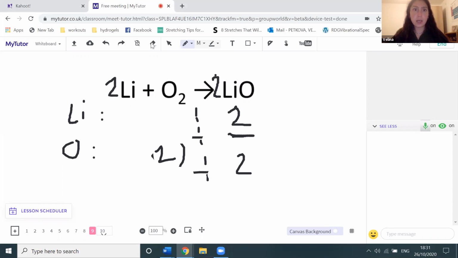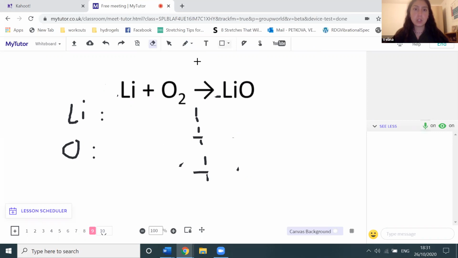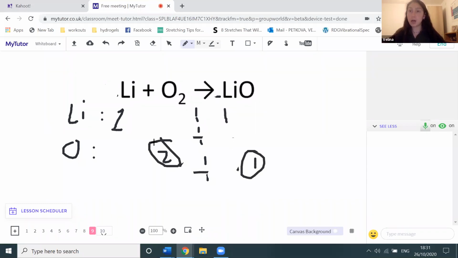If we just ignore the numbers we put, we start by counting the atoms on either side. So we start by seeing that there's 1 lithium here, 2 oxygens here, 1, 1, and identifying the atoms that are not balanced. That's how we start. So we start by balancing the atoms that are not balanced.